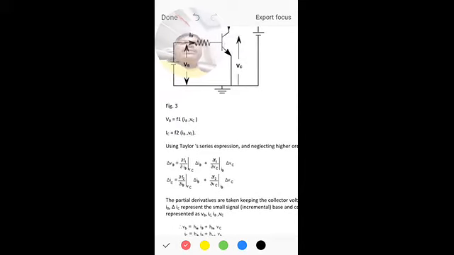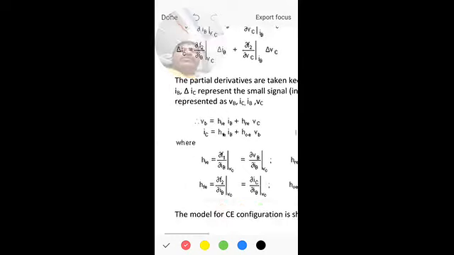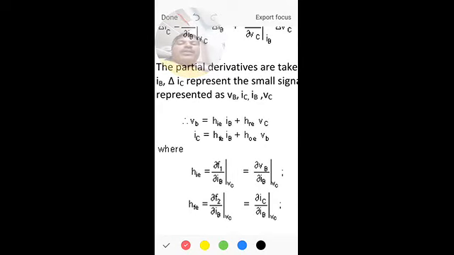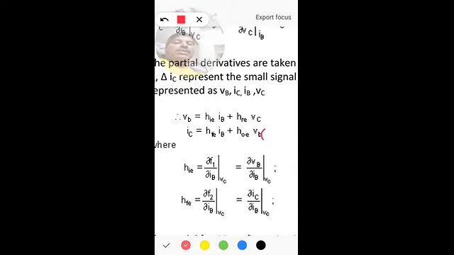This is the input voltage and the input impedance. So we can write the equation for input voltage VB: input voltage is HIE IB plus HRE VC, and output current IC is HFE IB plus HOE VC. Here VC, printing mistake here.